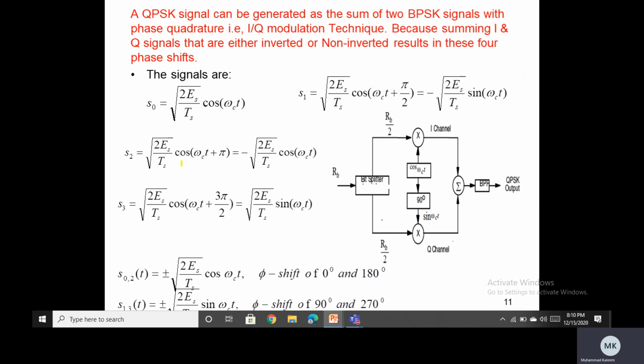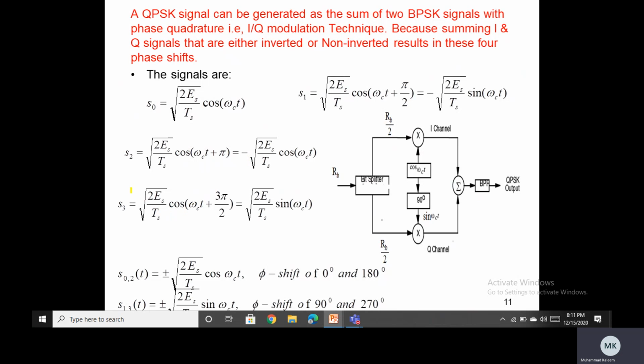And likewise, there's a 90 degree phase shift between S1 and S2. So plus pi, the third symbol will be transmitted or generated. And if we solve this, cos pi is 0. Cos pi is -1, sorry. So cos pi is -1 and you come up with this equation. That's why the minus comes in.